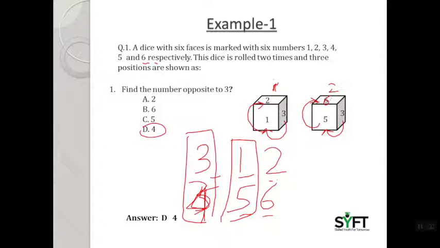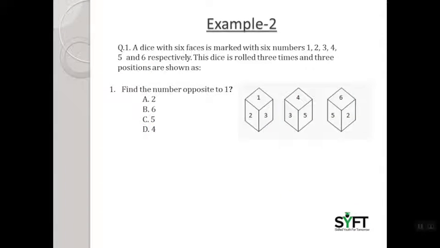Next, go to the second example where we have rolled 3 times instead of 2 times. A dice with 6 faces similarly marked with 1 to 6 is rolled 3 times and 3 positions are shown. Let's see, we can see the adjacent numbers add to 7, so it is a general dice.